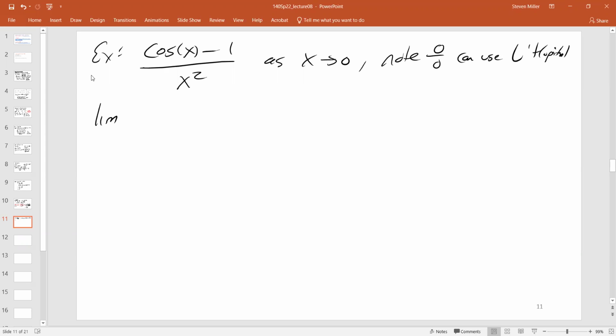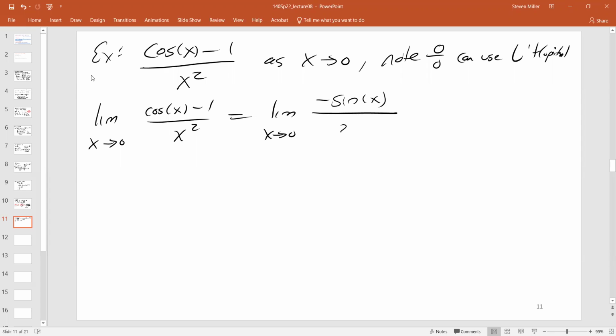So we would have the limit as x goes to 0 of cosine of x minus 1 over x squared is the limit as x goes to 0. What's the derivative of cosine x minus 1? Excellent, negative sine x.